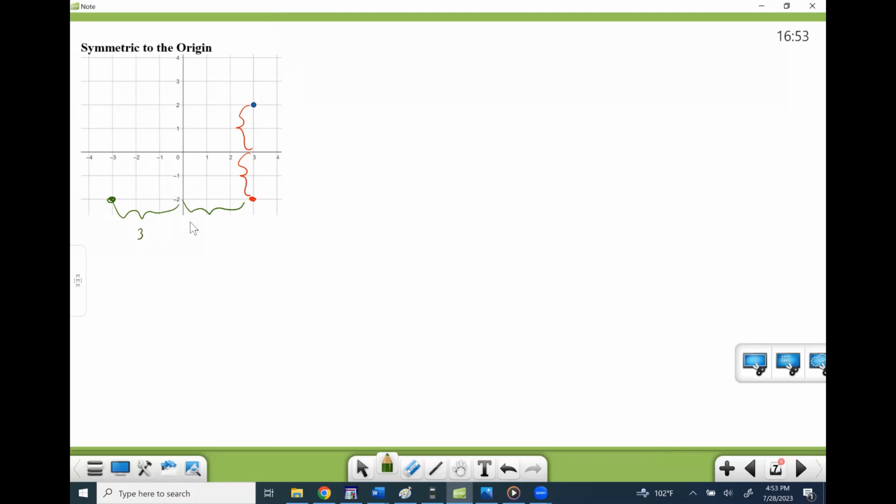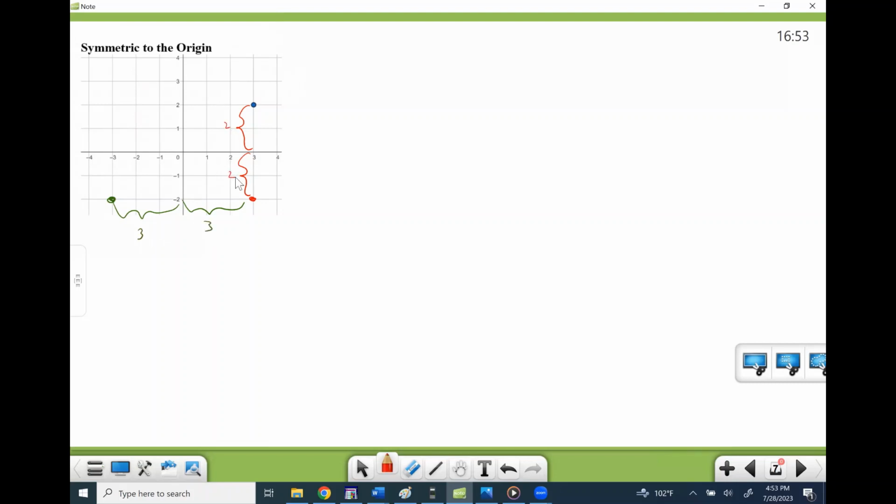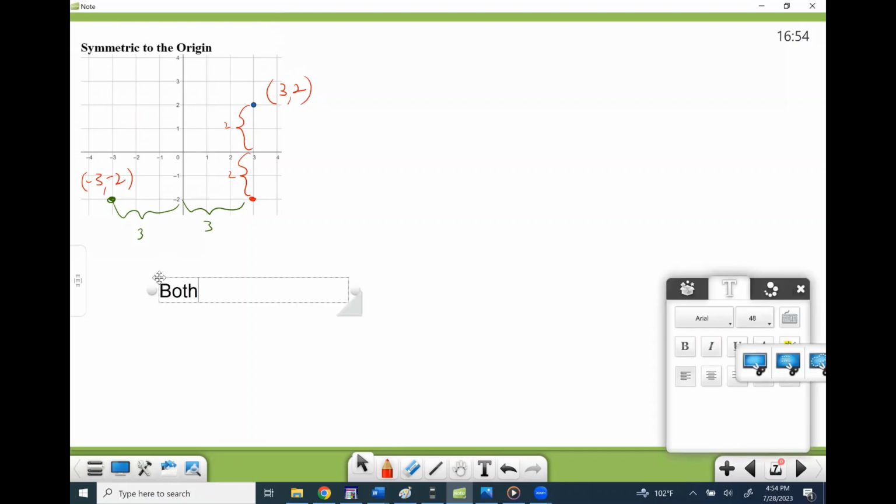So this is 3, this is 3, this is 2, this is 2. And we end up in the same spot, -3, -2 versus 3, 2. So now you can see that what happened is not only did the 3 become a -3, but the 2 became a -2. So both the X and the Y changed.